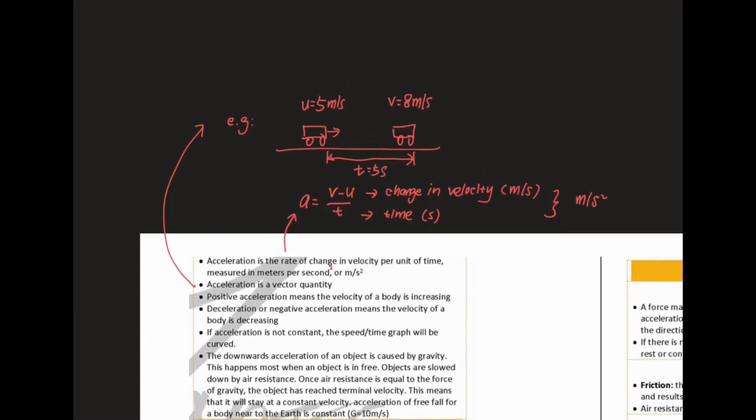So if you want to find the acceleration, A equals 8 minus 5 over 5.